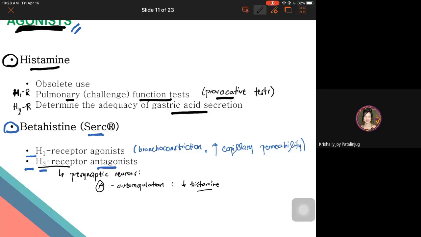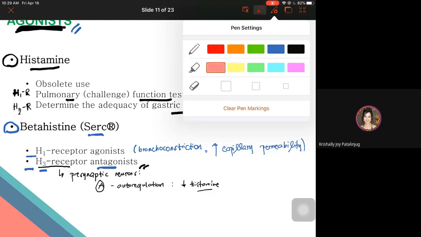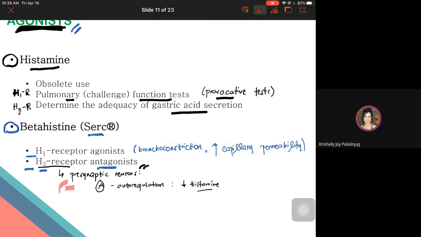We're talking about histamine agonist here, di ba? Kanina slide, we're talking about histamine agonist. Dapat mataas yung level ng histamine available for action. Now, that is why, classified ni siya as agonist kasi sabi dito, antagonistic siya sa histamine 3 receptor. So, pinipigilan niya yung auto-regulation.